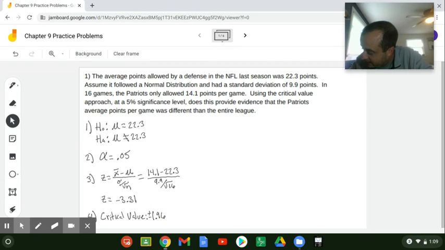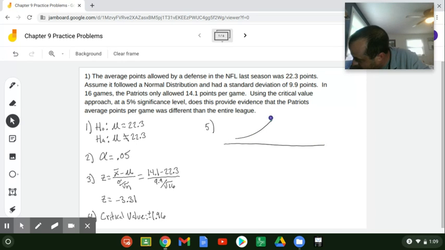Now, step 5, I need to figure out, am I going to reject the null hypothesis or not? In how we use the critical values, if I just sketch a normal model right here and label my critical values, negative 1.96 would be about right there, positive 1.96 would be about there.